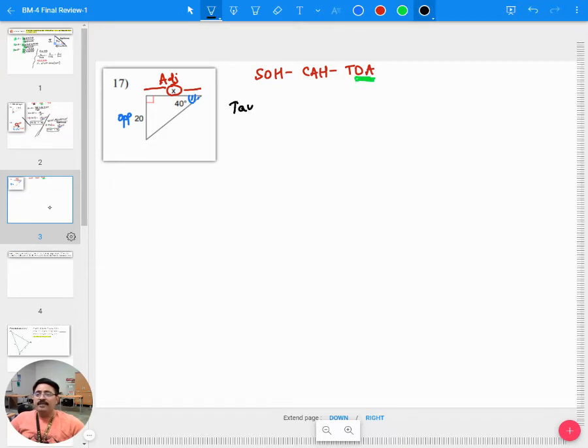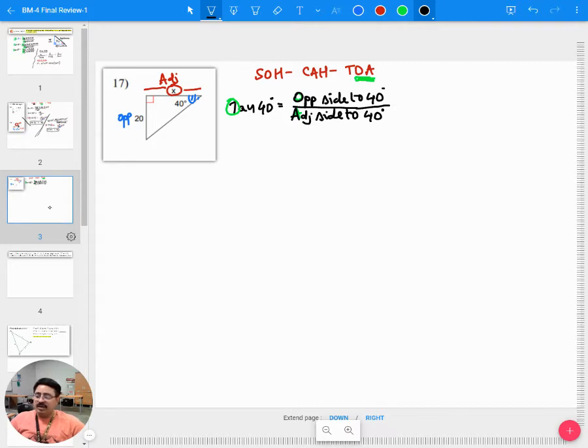So tan, what is the angle there? I see that 40 degrees. Therefore, tan 40 degrees equals, remember SOHCAHTOA, TOA, right? Therefore, tan 40 equals opposite side to 40 degrees over adjacent side to 40 degrees.